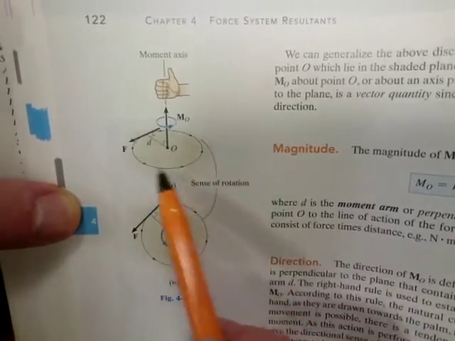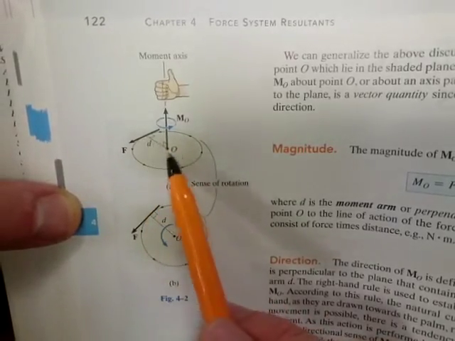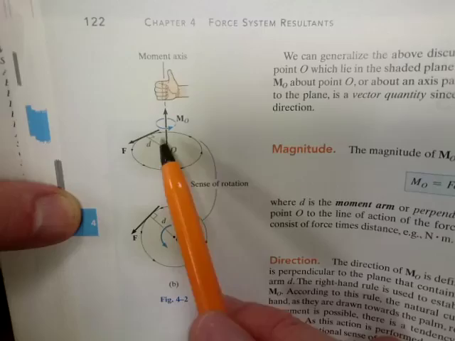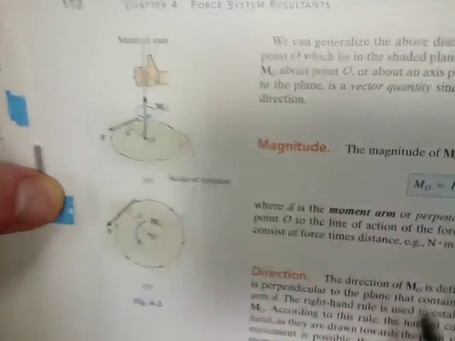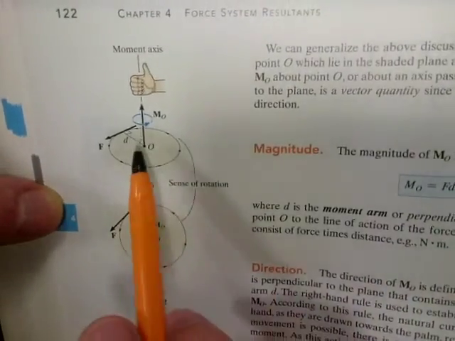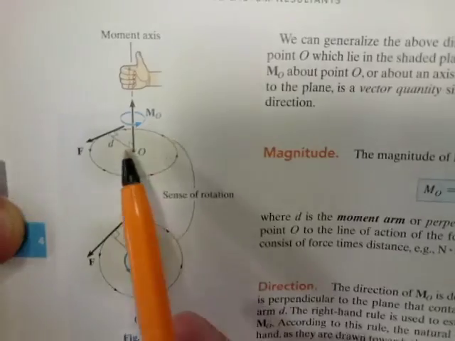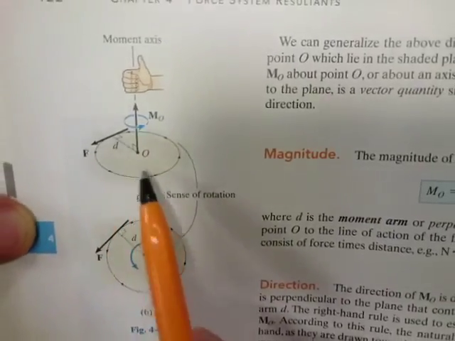If I draw a plane, like this plane here, that includes F and it includes D, then the direction of the moment, guys, is a vector that is perpendicular to the plane that F and D are in.